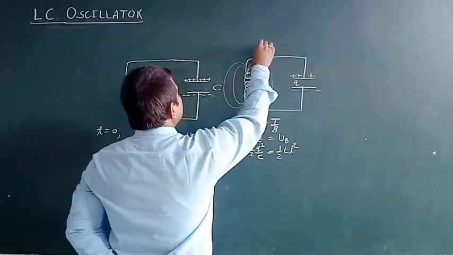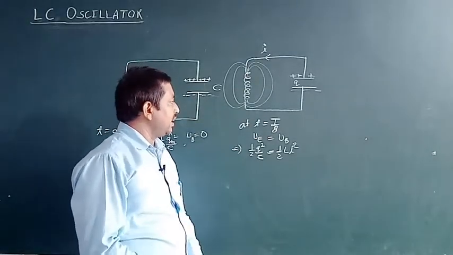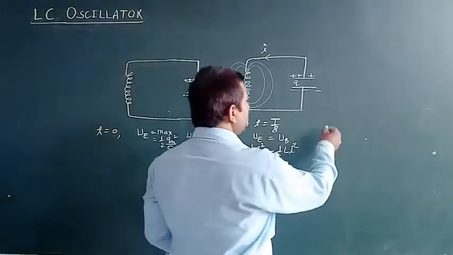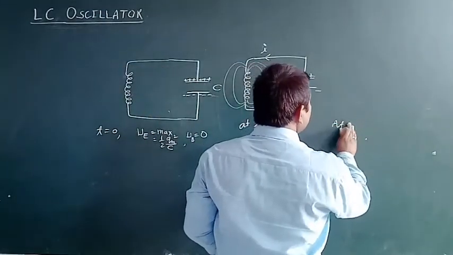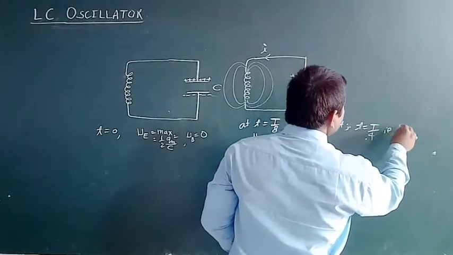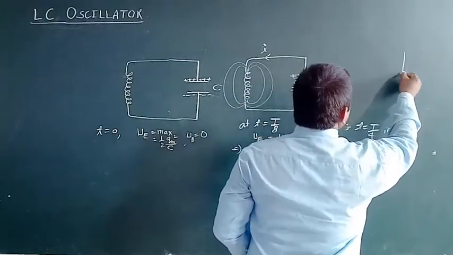Now if we again take t equal to 2T by 8, it means T by 4, that is twice of T by 8. So what happened?